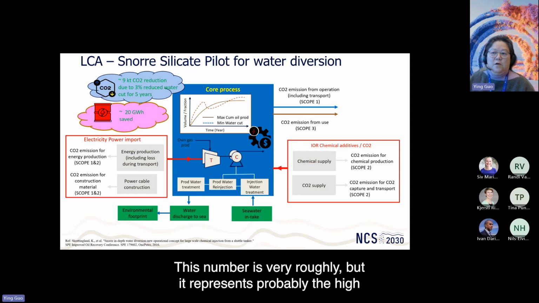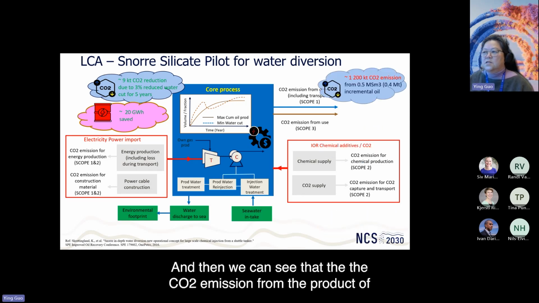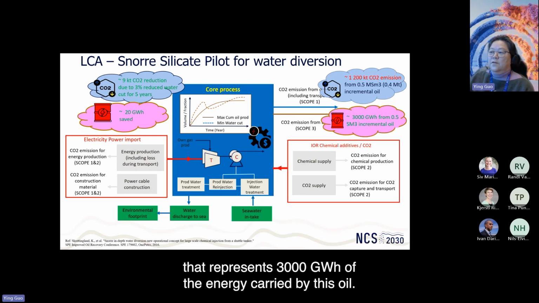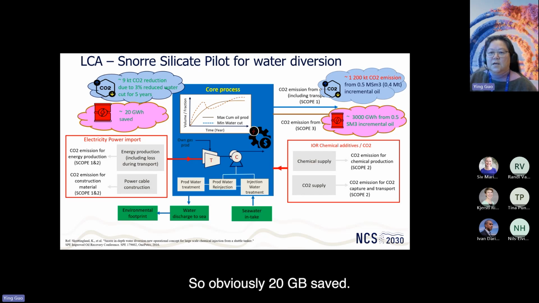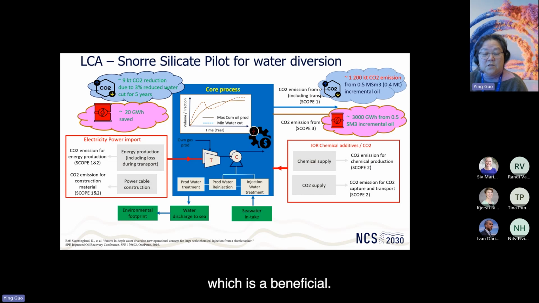This number is very rough, but it represents the high energy need for water injection. And then the incremental oil of 400,000 to 500,000 barrels represents 3,000 gigawatt hours of the energy carried by this oil. So obviously, 20 gigawatt hours saved, and the incremental oil gives a lot of additional energy, which is beneficial.